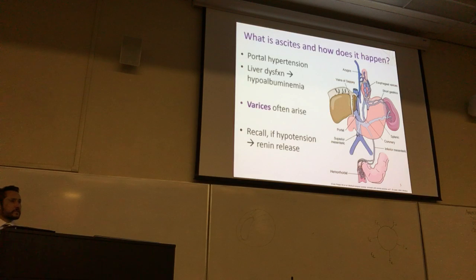The fluid accumulates between the visceral and parietal layers, and you'll inevitably get distension of veins as a result of it, because now the veins are pressurized. The distension of veins is a term known as varices. Okay, so ascites is the accumulation of fluid in the cavity space as a result of portal hypertension that's taking place.